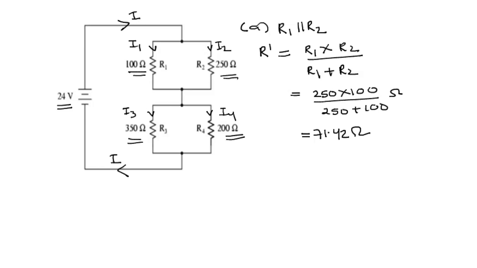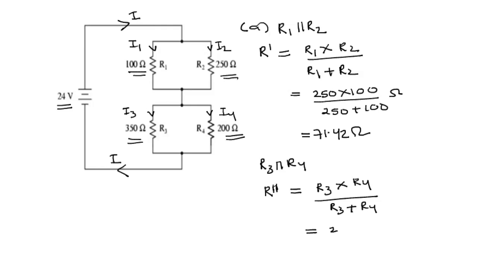Similarly we can see that R3 is parallel to R4, and if R double dash is the resistance of this parallel combination of resistors, then it will be equal to R3 multiplied by R4 divided by R3 plus R4.